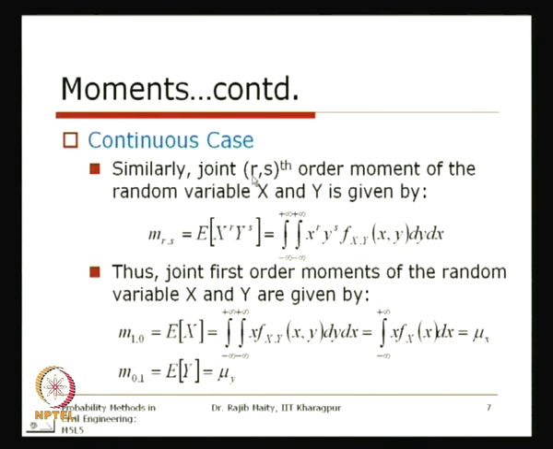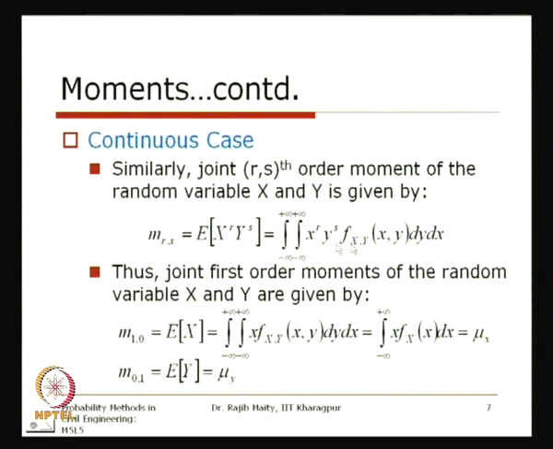So, the r, sth joint moment of the random variables x and y is given by the expectation of x power r and y power s, which is the integration from minus infinity to plus infinity for both x and y, of x power r y power s multiplied by their joint probability density function f x y of x y. So, this will again give the joint moment of order r plus s.